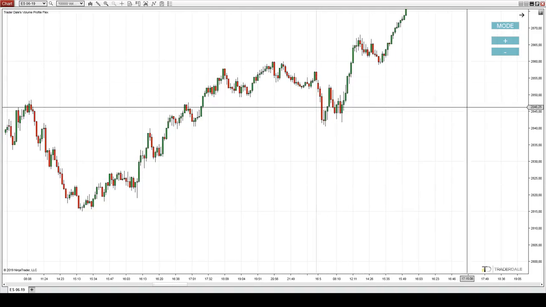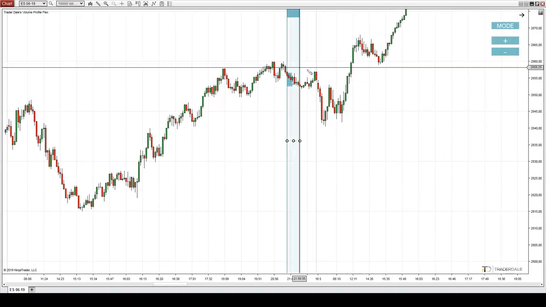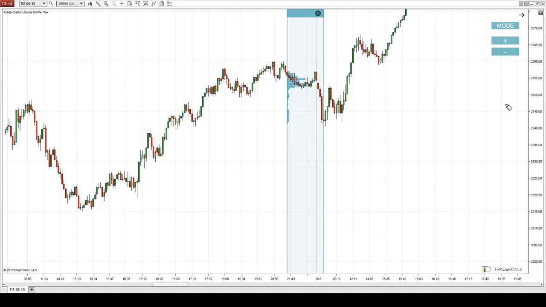Another case of volume accumulation is this rotation. Heaviest volumes being in here, and this is the reaction to it. Alright, again, very nice reaction to the heavy volumes from this rotation.